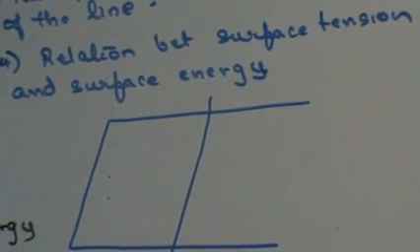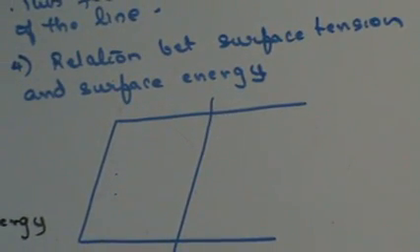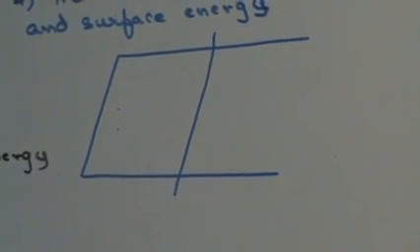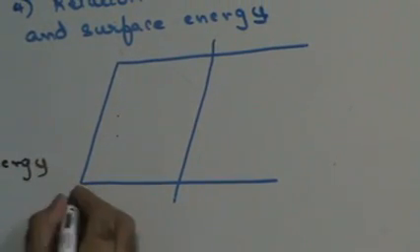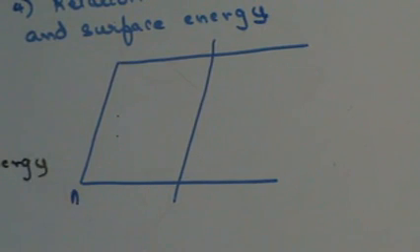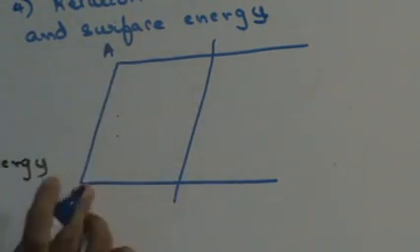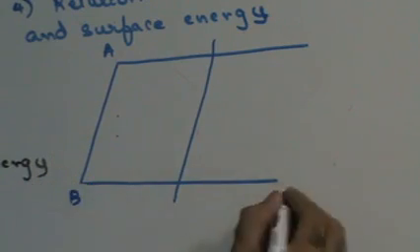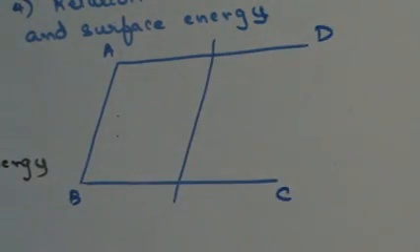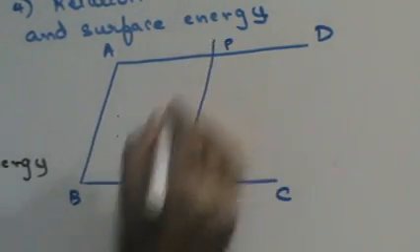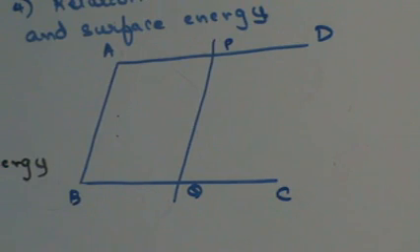Right? Let's consider a rectangular frame ABCD, of which you have wire PQ, which can slide without any friction on the frame ABCD, right?